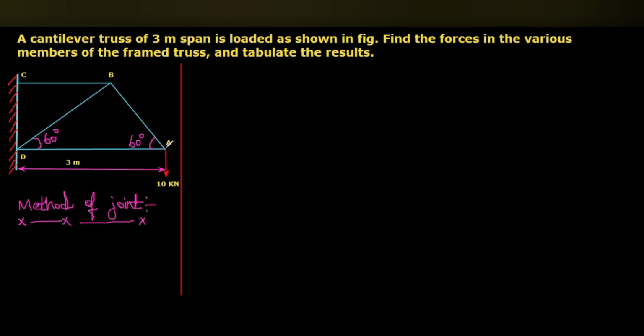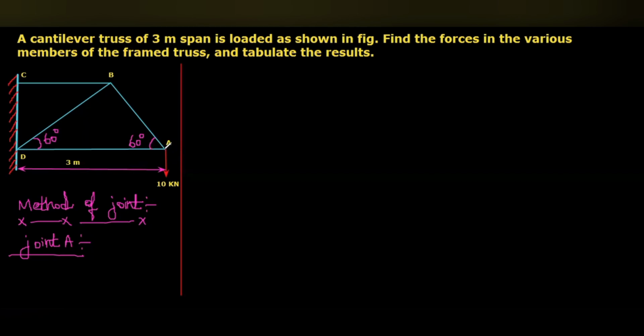First I am going to start the free body diagram and force analysis on joint A. I am going to analyze the forces acting on joint A. Here you can see this is joint A. A downward point load of 10 kilonewton is acting on it, and joint A is connected with two members, AB and AD.